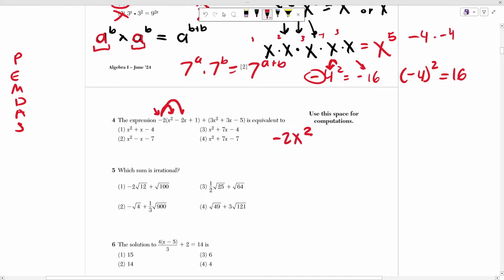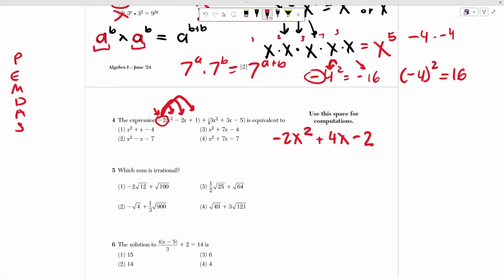Now, what's -2 times -2x? Well, -2 times -2 is +4, so that's equal to +4x. Okay, what's -2 times +1? Well, that's -2. So boom, just like that, I have now gotten rid of these parentheses just by multiplying the outside number by what's inside, okay?